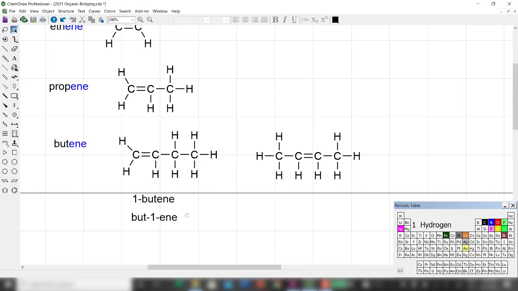In this case, it's between carbon 1 and 2, but we just give it the lower number. So that is clear cut. In this case, we will call this 2-butene, or we can call it but-2-ene.